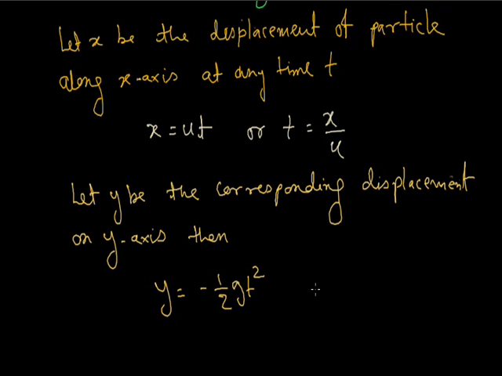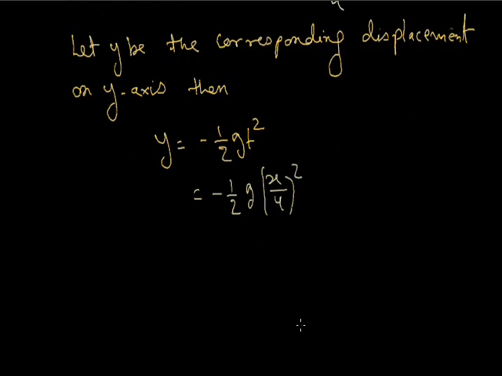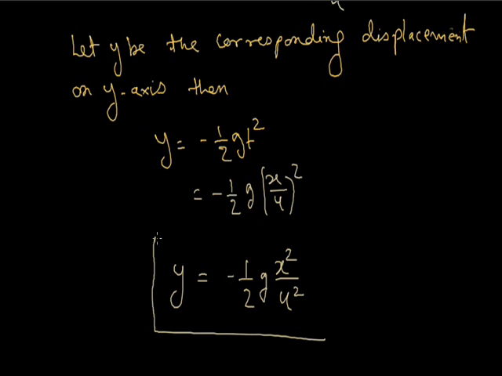So y equals minus half g t square, and substituting t equals x by u, we get minus half g (x by u) all square. So y equals minus half g x square by u square. This is the trajectory equation for horizontal projectile.